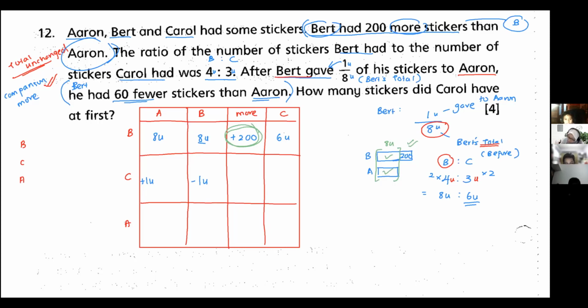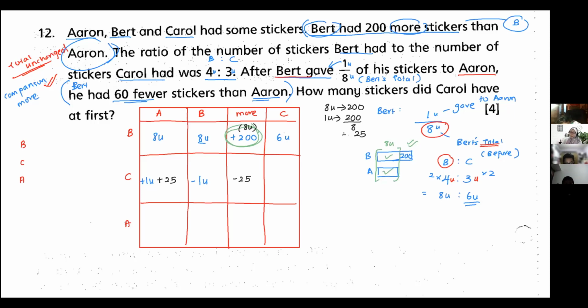So you have to know that this is also represented by 8 units. Okay, so 8 units is 200. 1 unit is 200 divided by 8. That will give me 25. Okay, so which means from that 200, 25 was given to Aaron. So Aaron received 1 unit plus another 25.